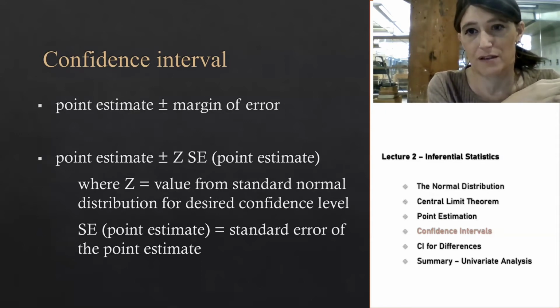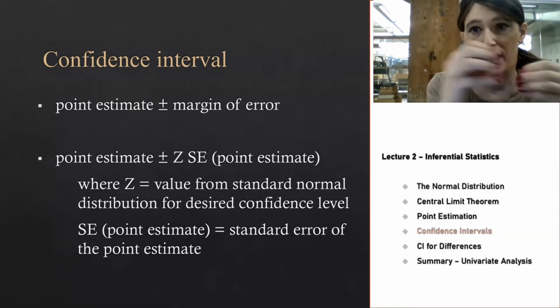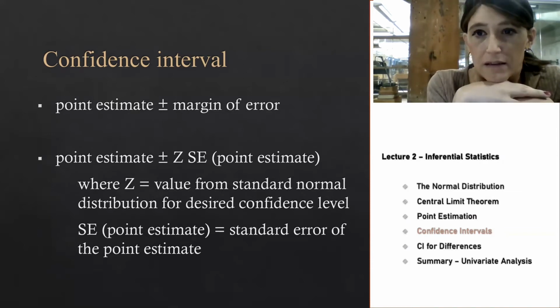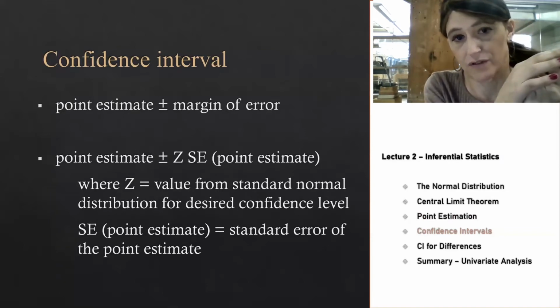Well, the way we do this is around our point estimate, we have to calculate a margin of error. For many of the confidence intervals that we often use in public health literature in particular, we're going to create 95% confidence intervals around the estimate. What is it?